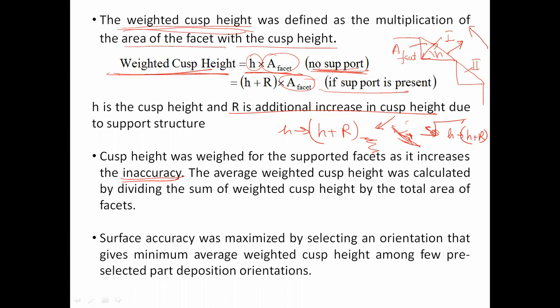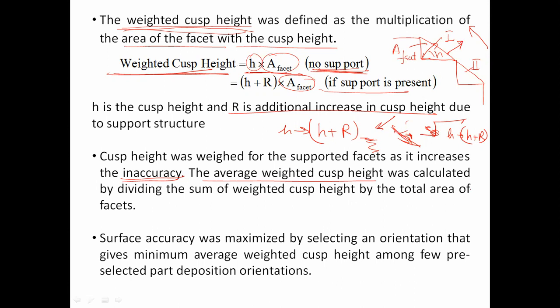Definitely a coarser support structure will create more surface roughness, and more surface roughness means more inaccuracy. Therefore, the concept of average weighted cusp height was also introduced.